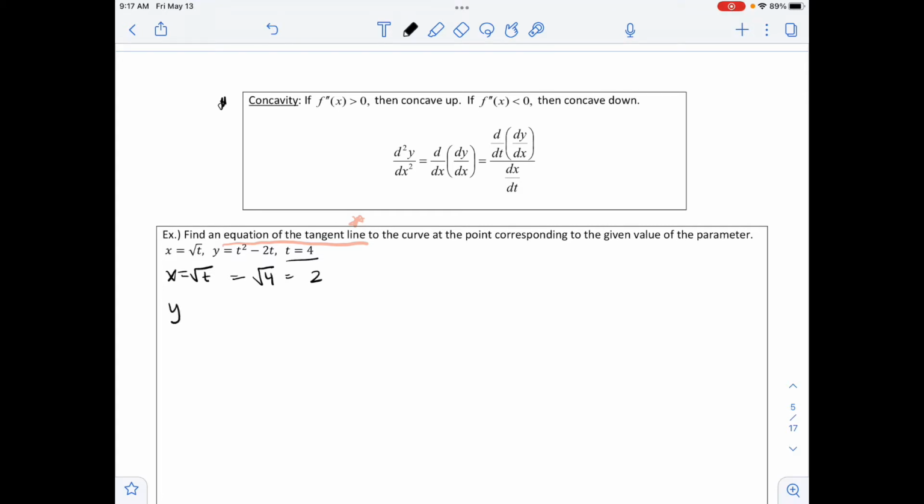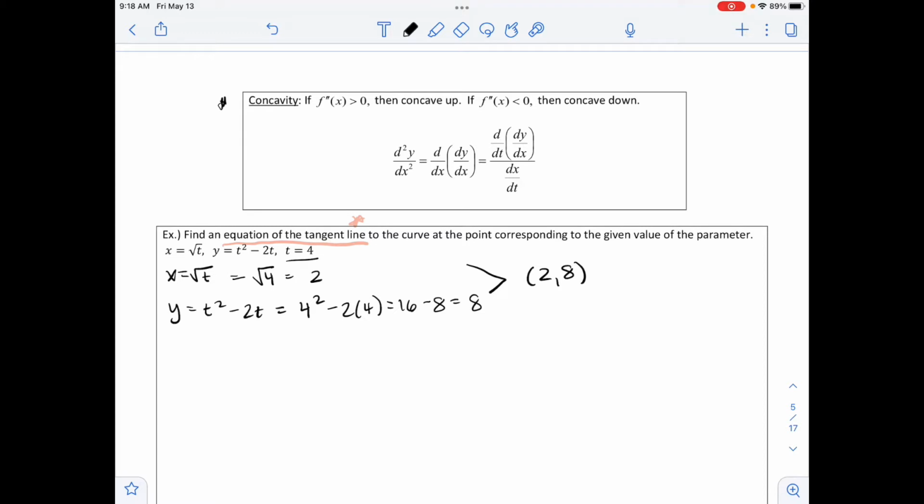Likewise, our y value is t squared minus 2t. Evaluating this when t is 4, we have 4 squared minus 2 times 4, which is 16 minus 8, or 8. So from these two values, we have an ordered pair at (2, 8).